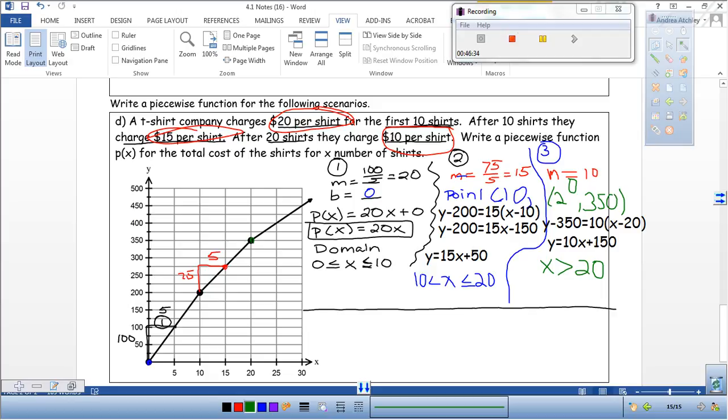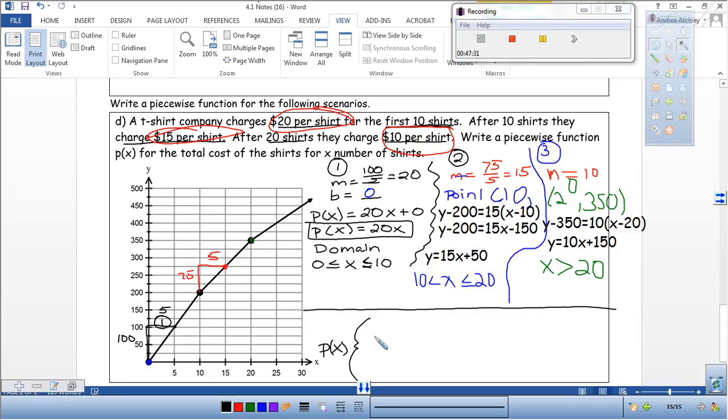Okay, so now think about the piecewise function. We have other parts of the piecewise function. I'm using P of x as my function because that's what they told me to use. You put P of x like this, and you do this little bracket like this.